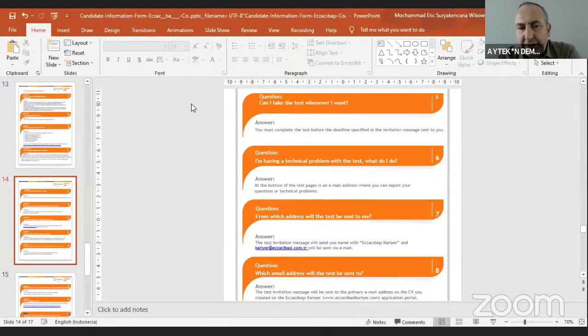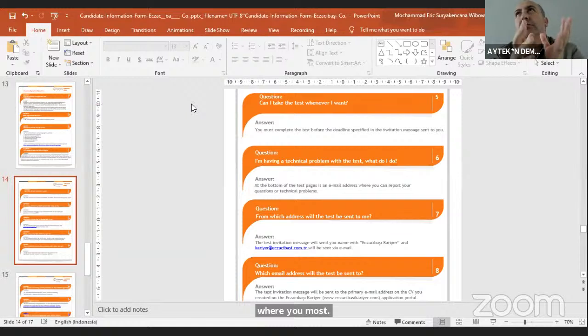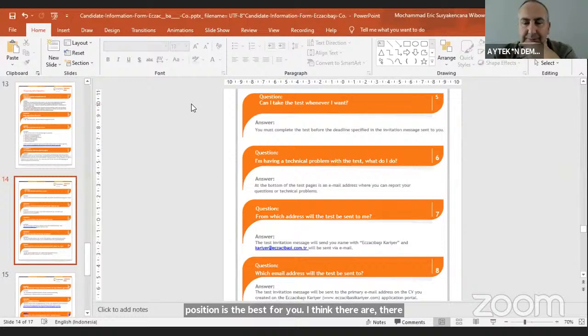And if they offer you a position in their company, they decide which position is suitable for you and where you are most suitable. The position that is the best for you, I think. There are a few steps after this process.